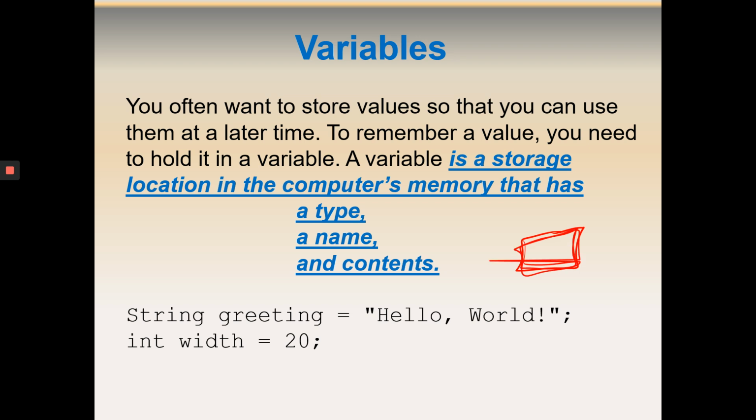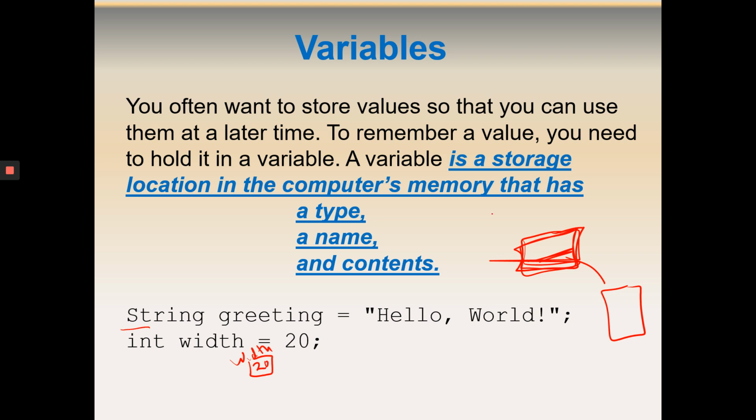If it's a class, like an object reference that's pointing to a class, then it's going to hold the memory location of the actual object. So here, String is a class, and so greeting is pointing to the memory location of where hello world is stored. Here, width would be an integer, so this is the name of the memory location. It's just width, and then 20 is stored in here.